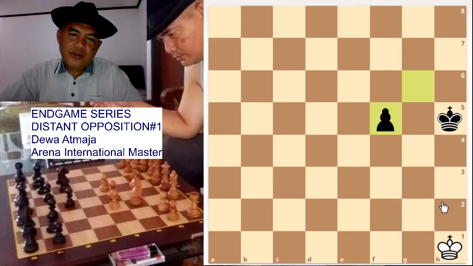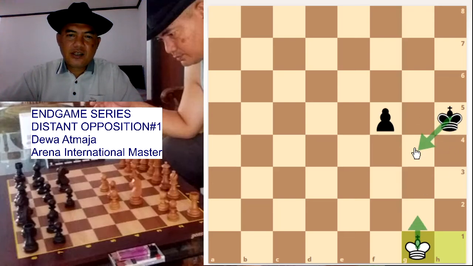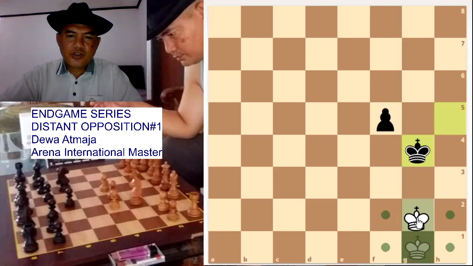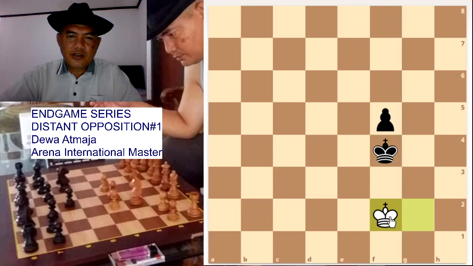Now this is a draw position if white moves right, and the right move is here, g1. If black goes here, then white goes here, and this is a draw because white has the opposition, as we know from the video before.